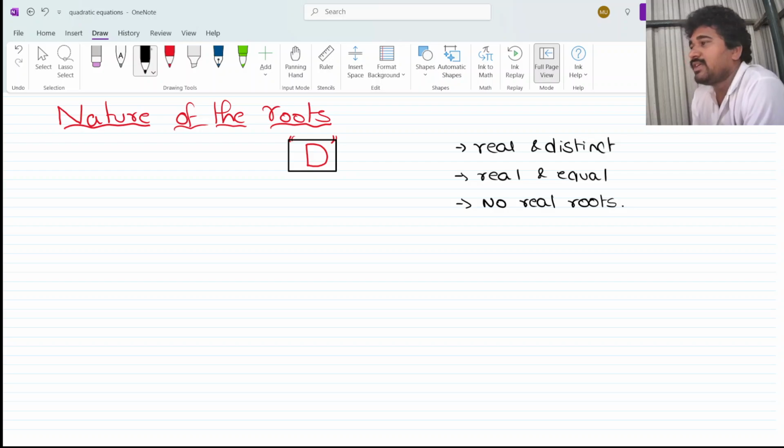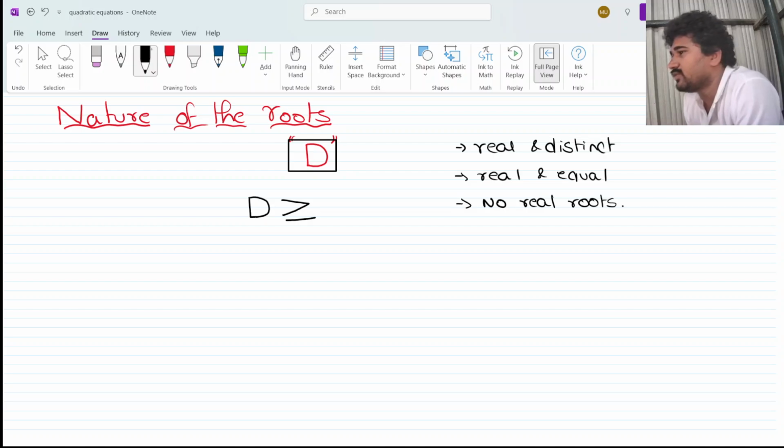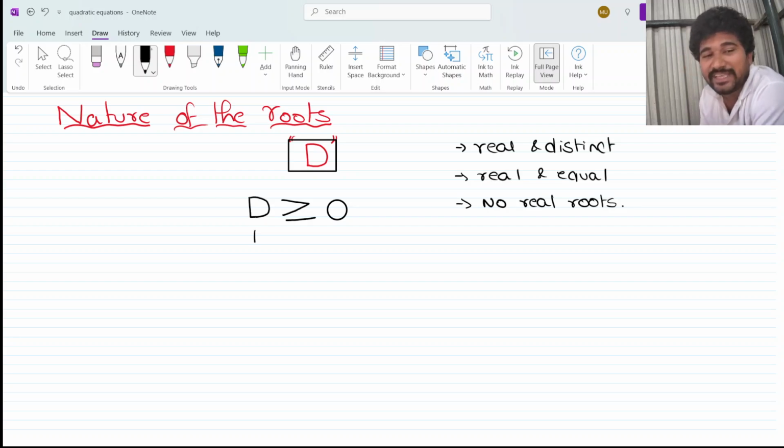If that D is greater than or equal to 0, what do you mean by that? D is positive.